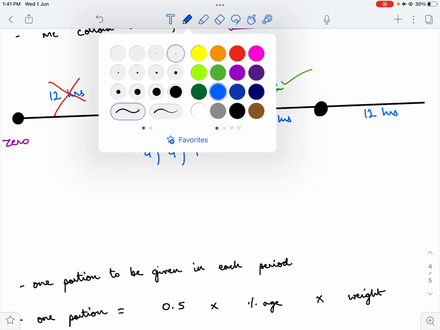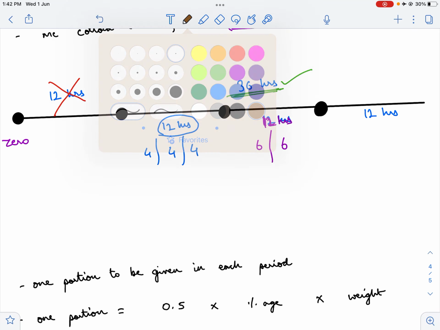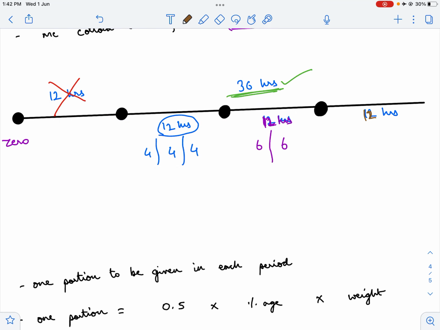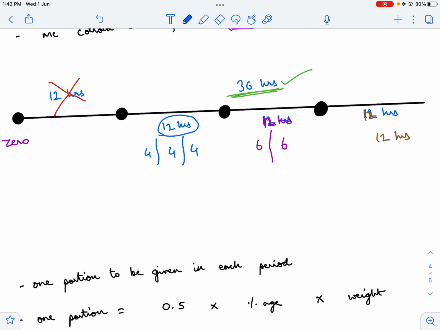The next time period of 12 hours is subdivided into two subdivisions, 6 and 6. The last of these 12 hours is just one time period of 12 hours, so there is no subdivision in this. So you have three time periods over here.